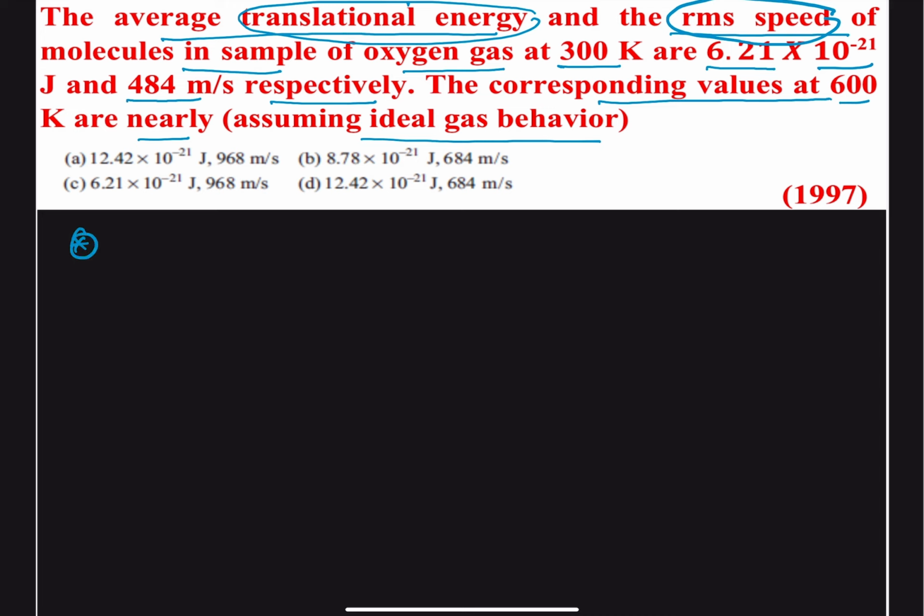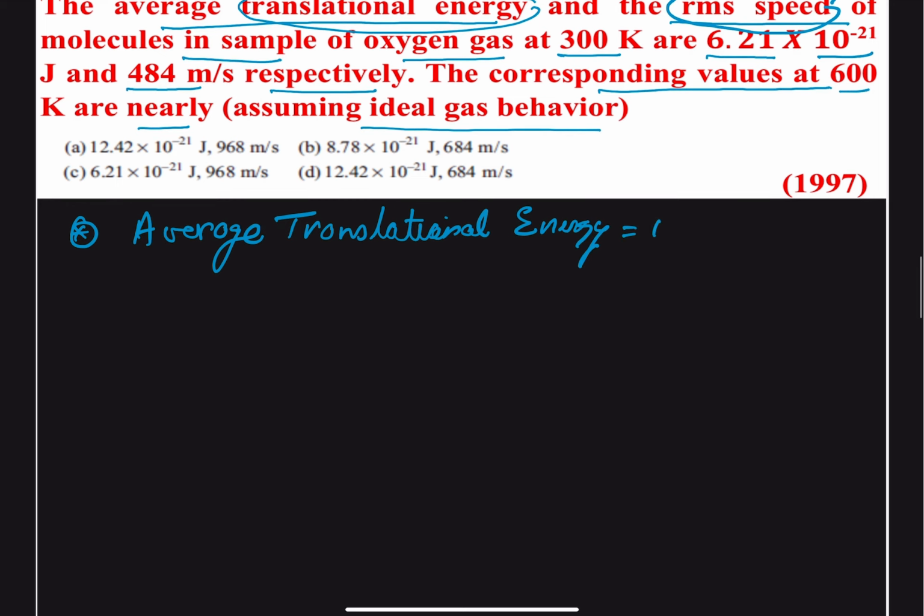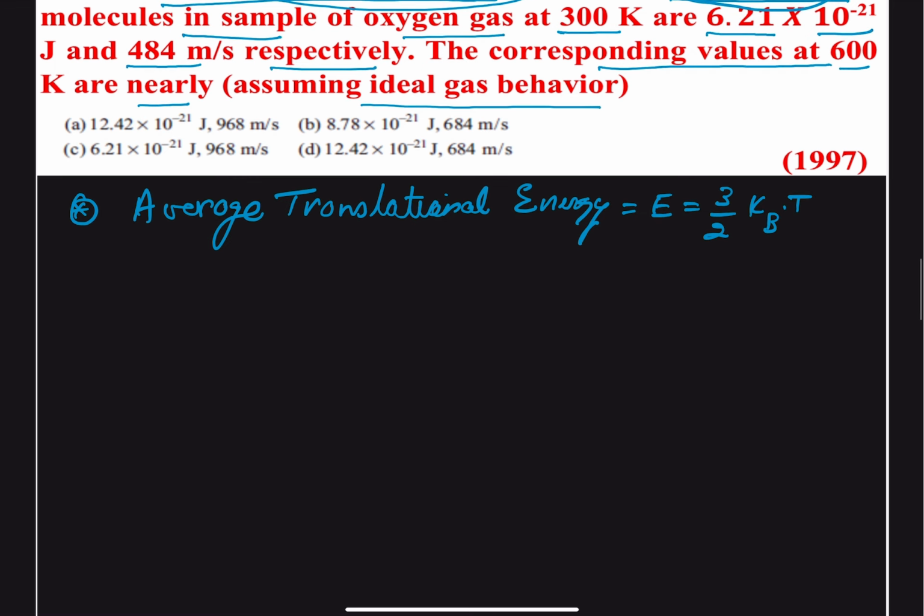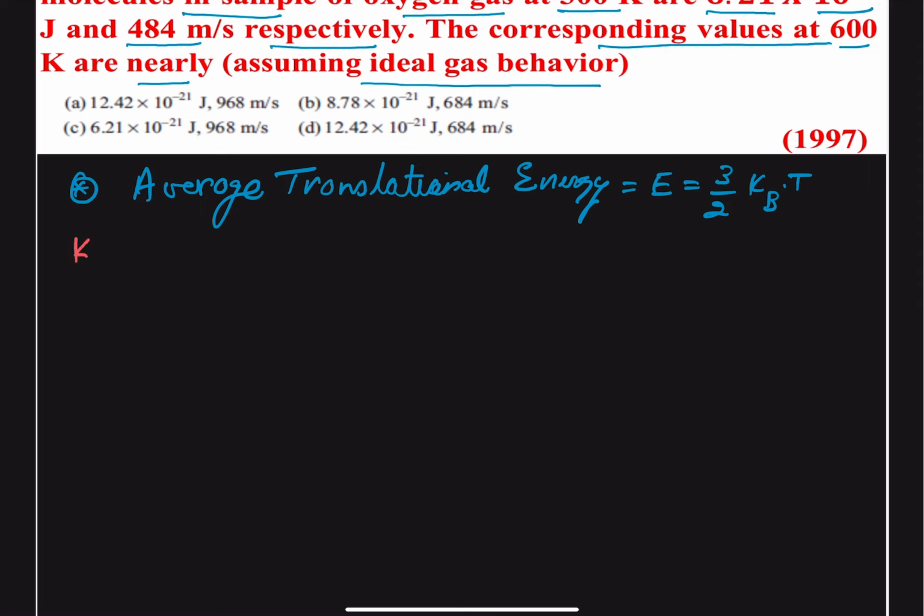We say that average translational energy, if it is represented as E, will be equal to 3 by 2 Kb multiplied by T, where Kb is the Boltzmann constant and T is the temperature.